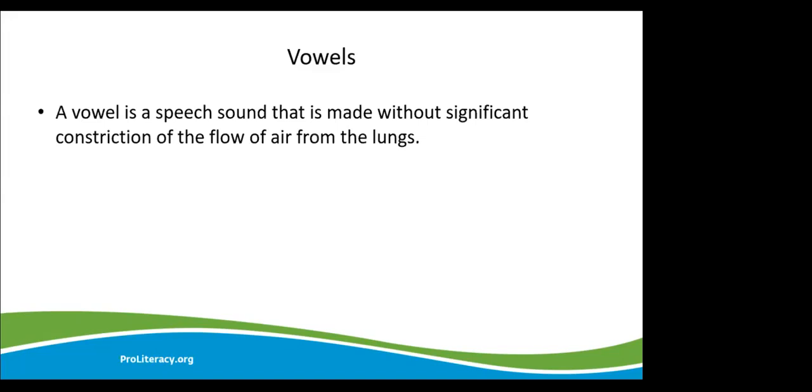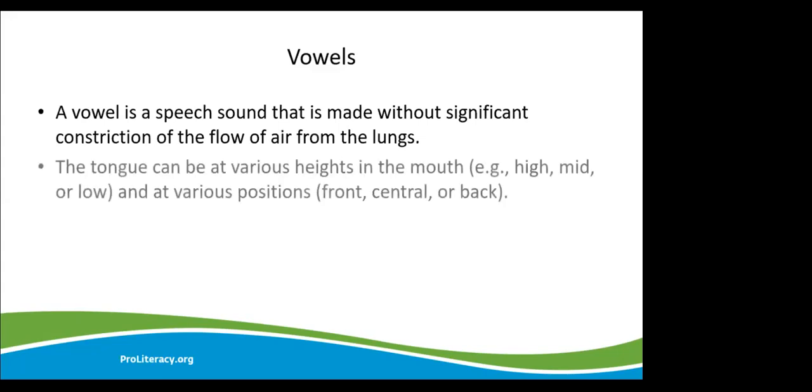If you're thinking about how those sounds are created, there's almost no change in the flow of the air as it's coming out of your lungs on a vowel. Things like your tongue and your teeth and your lips may be changing in different shapes, but they're not actually blocking the airflow. Your tongue can be higher in your mouth or lower in your mouth. It can be more front, it can be more back.